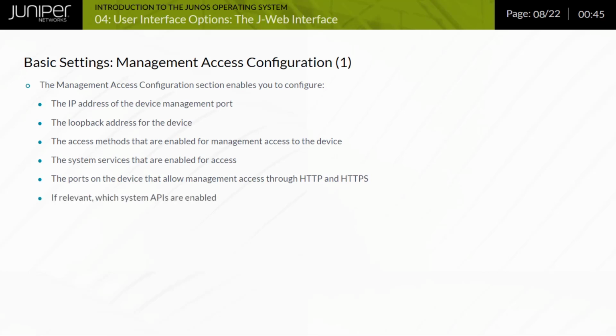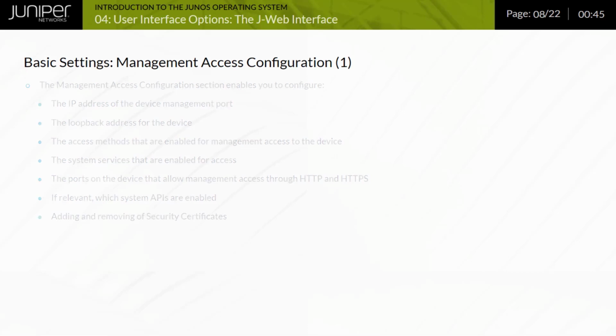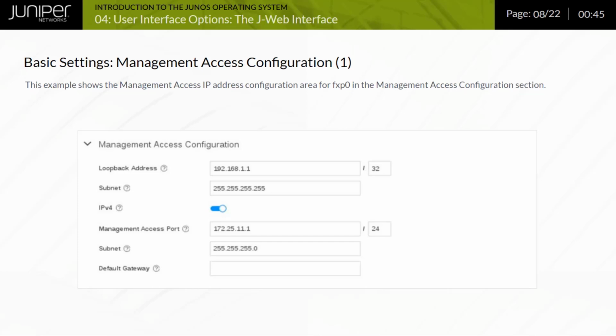If relevant, which system APIs are enabled, adding and removing of security certificates. This example shows the Management Access IP Address Configuration area for FXP0 in the Management Access Configuration section.